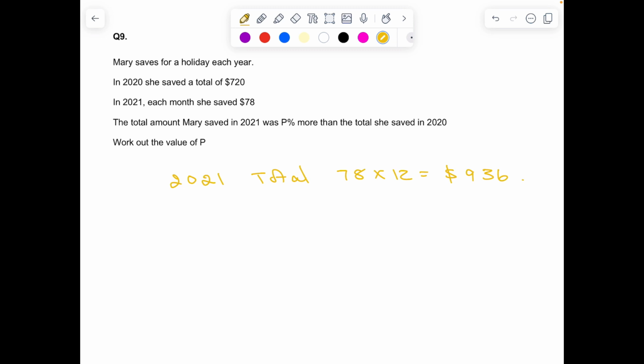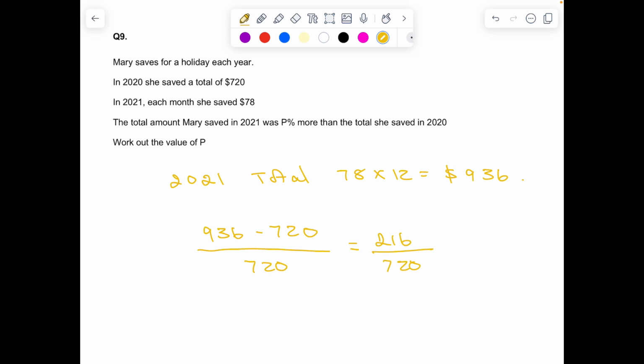And so we find the difference between that. So 936 take away 720. We want to divide by the original. So we want to divide by 720. So 936 take away 720 gives us 216 divided by 720.